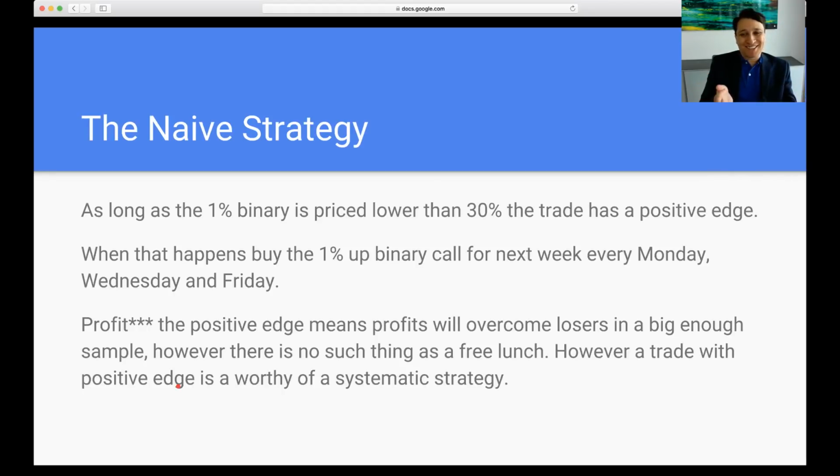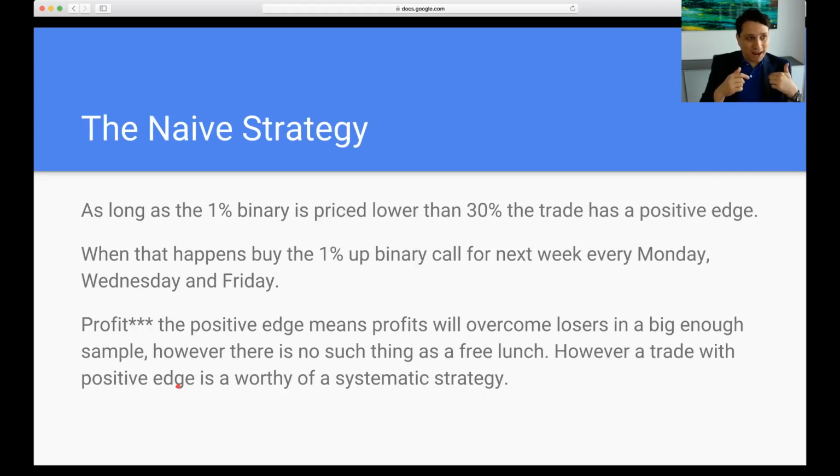Of course, it sounds easy, but it's not that easy. Remember that positive edge doesn't mean a sure trade. Positive edge means that in the long run, doing this many times along the year, let's say 150 times, the winners will overtake the losers because there is positive edge.